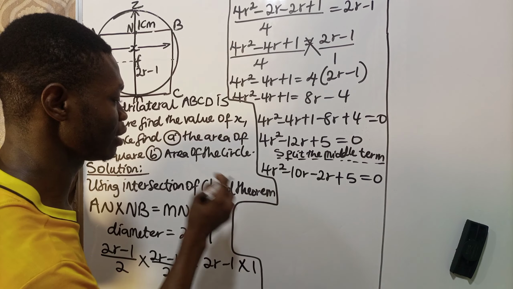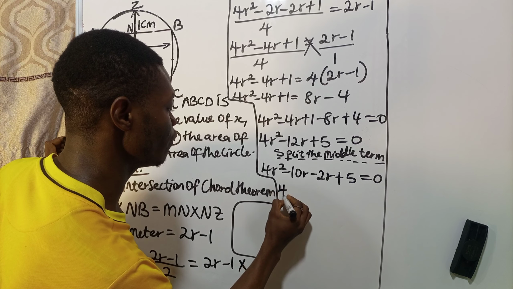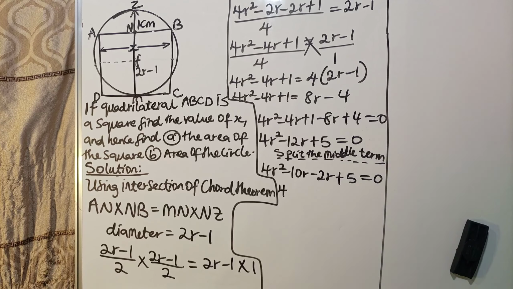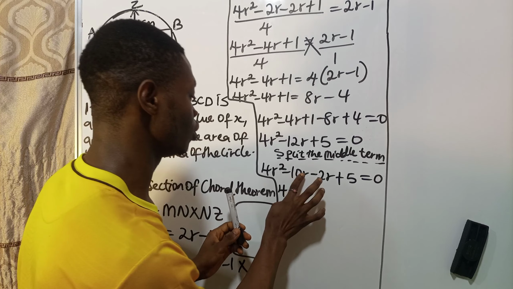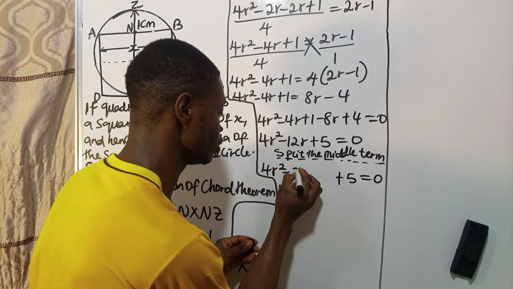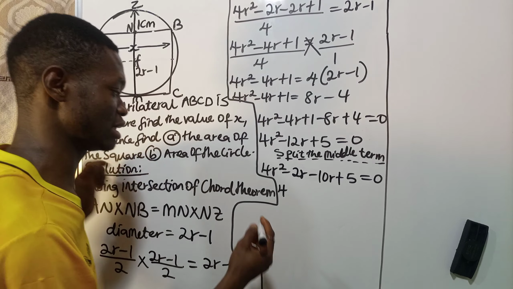I can now factorize. So I'm going to have 4r. If I factorize, it won't work like that. So I can decide to bring this 2 here, 2r, then minus 10r like this so that it can work.